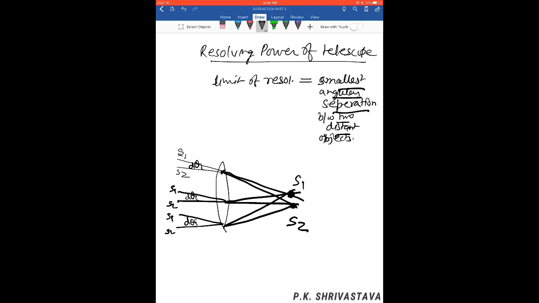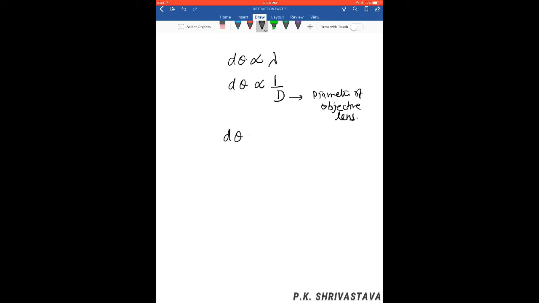This smallest angular separation d theta is directly proportional to lambda, and inversely proportional to diameter of objective lens. Here d is diameter of objective lens. So, limit of resolution is given by d theta equal to 1.22 lambda by d.